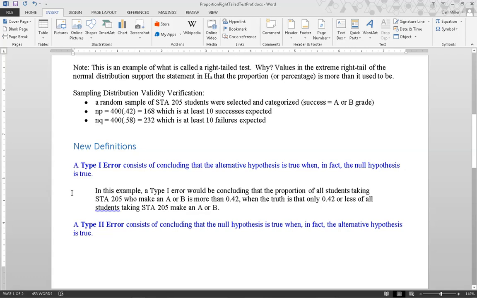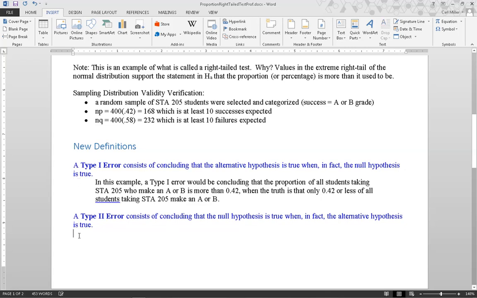Now, a type 2 error is sort of the opposite error: concluding the null hypothesis is true when in fact the alternative hypothesis really is true.